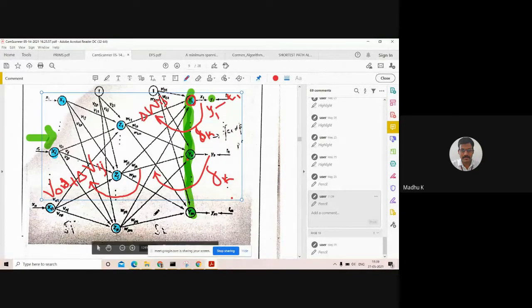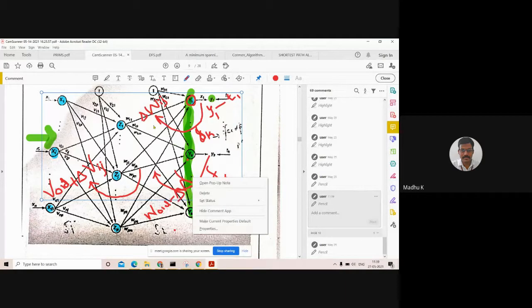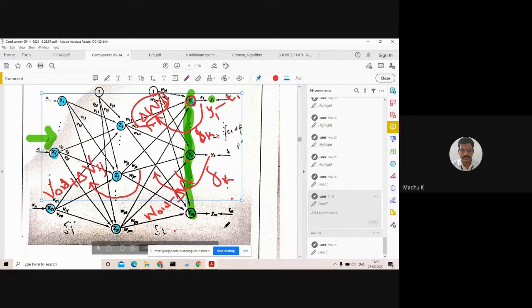Similarly, the new weight of W is equal to W old plus delta WH. So this is the concept of back propagation learning. This architecture is very important.